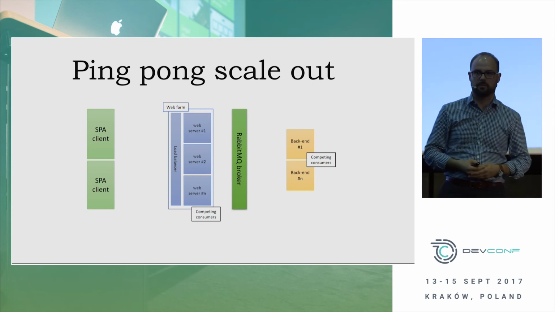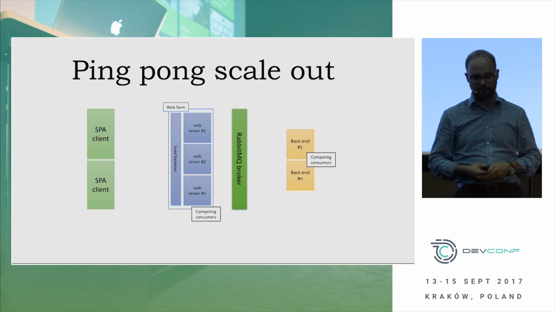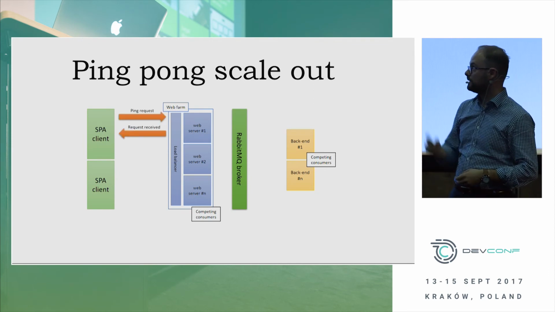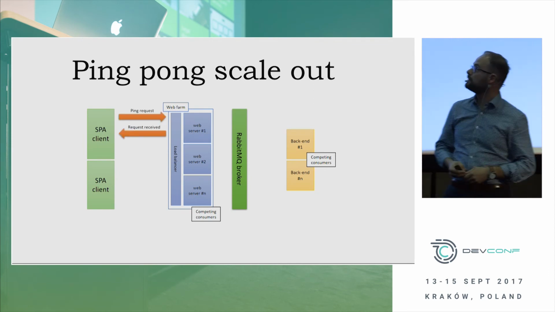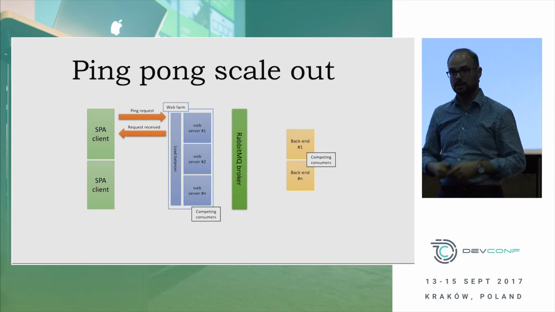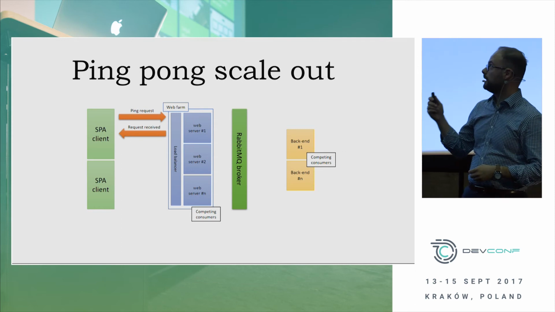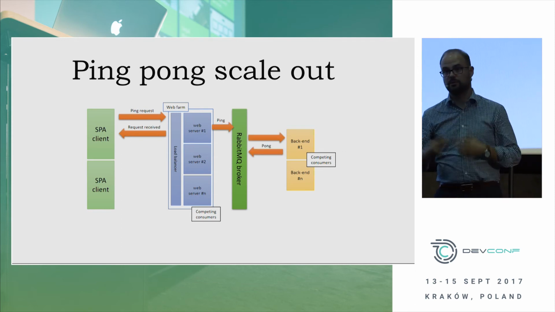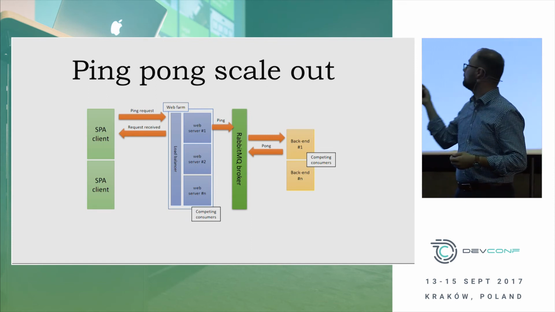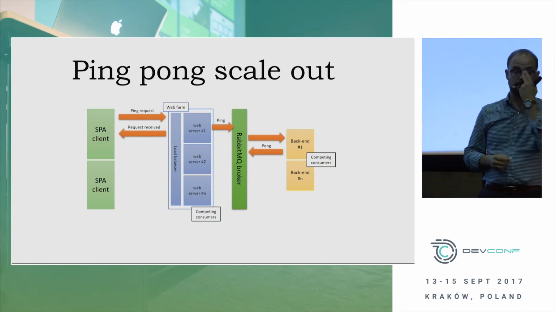So our ping pong site is a huge success, and we're now scaling it out. What we might see happening here is that one of the SPA clients connects to, for example, web server number 1, because the load balancer has chosen that particular server. It sends a ping message to the broker, and now using the competing consumers pattern, one of those backend servers will pull the message off the queue on the broker.